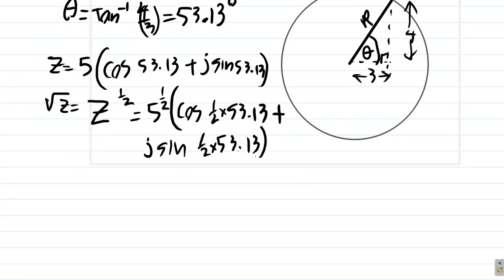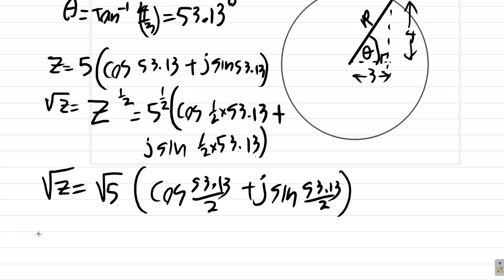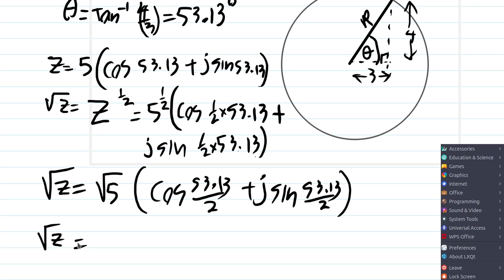Remember that. So, therefore, the square root of z, as we have here, is 5 to the half, which essentially is the square root of 5, cos 53.13 over 2, plus j sine 53.13 over 2. When you say half of something, it's the same as that thing over 2. So the square root of z is going to be, what's the square root of 5 again?